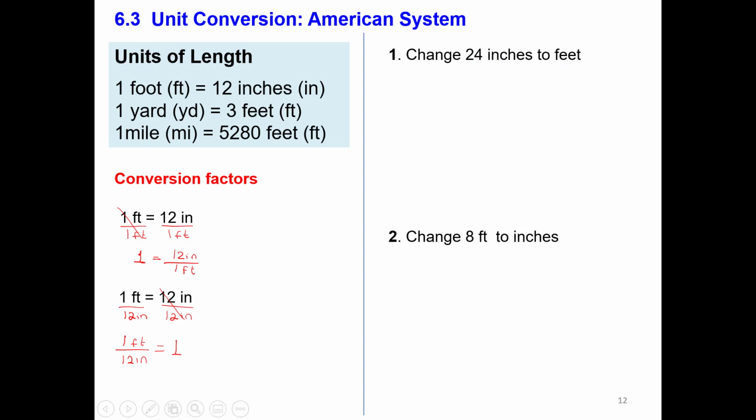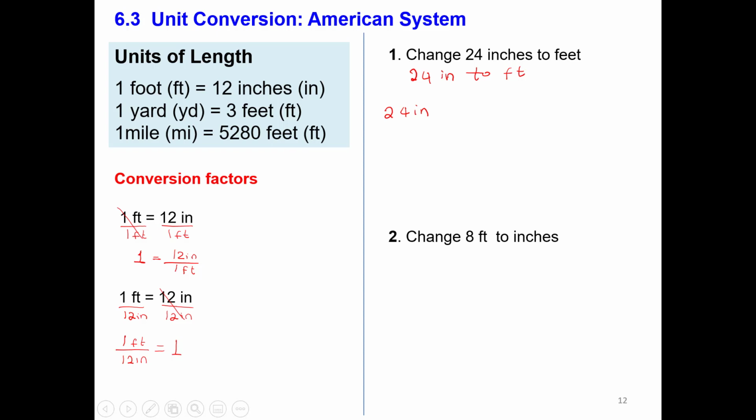We want to change 24 inches to feet. We write the 24, which is what we start with and want to convert. Then we write the conversion factor. We select the conversion factor that cancels out the unit we don't want.